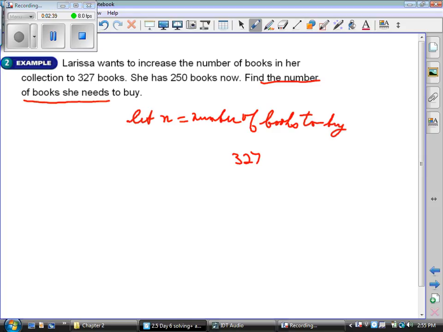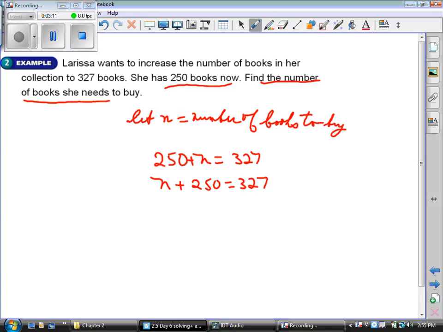And she wants to increase to this amount, which means that if she's got 250 books now, she's got to increase by, you got it, n. So my equation for the problem would be 250 plus n equals 327, or putting the variable first, which is the better way to do it, n plus 250 equals 327, and we're all set to solve this equation.